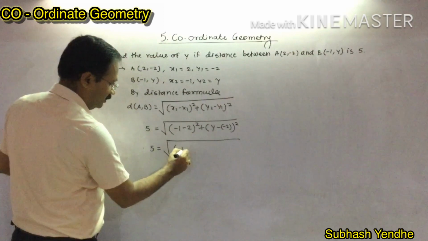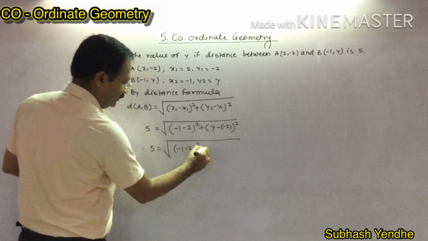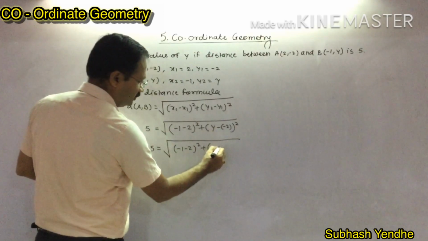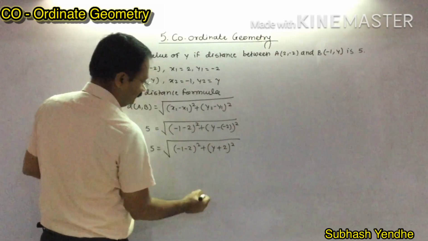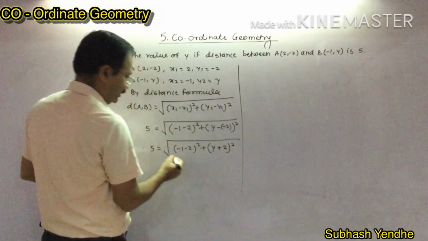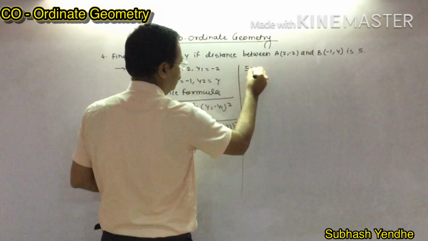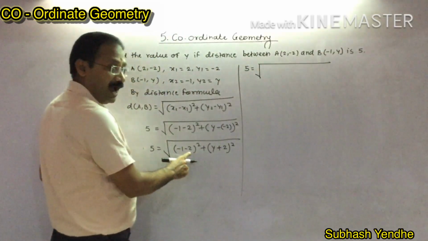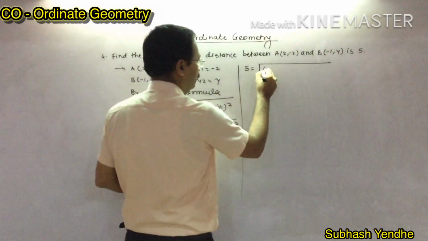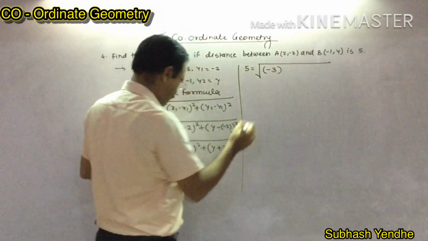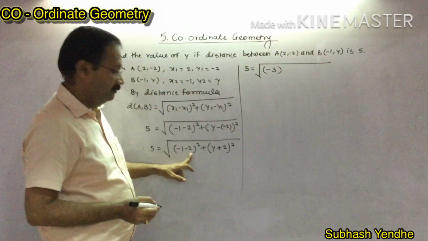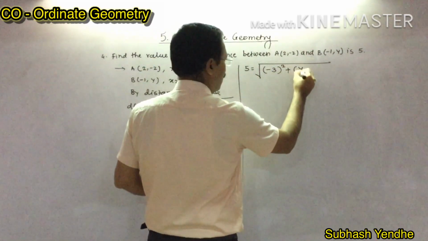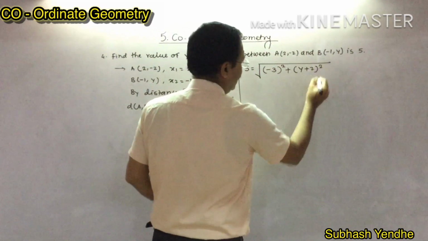So -1 - 2 as it is, plus. I told you that if the minus sign is outside the bracket, you have to change the inside one. So here you get 5 equals under root. Signs are the same, so add and give the sign of the larger number. So -1 - 2 is -3 in bracket square, plus (y + 2) as it is.